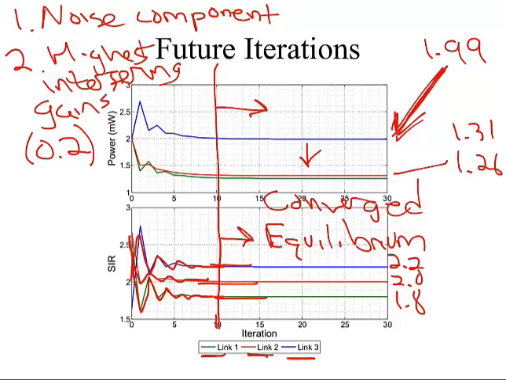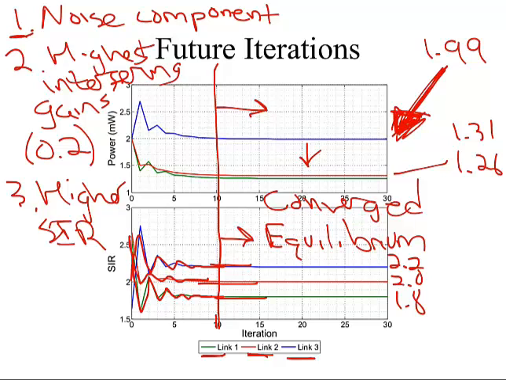And that makes a difference, so the channel conditions are worse, and there's more actual interference going on to this link than the other two. And the third is that it's actually asking for a higher SIR. So with all that in mind, it makes sense that link 3 would have the highest power level out of all of them, because it needs to have a higher power level in order to overcome these three obstacles.